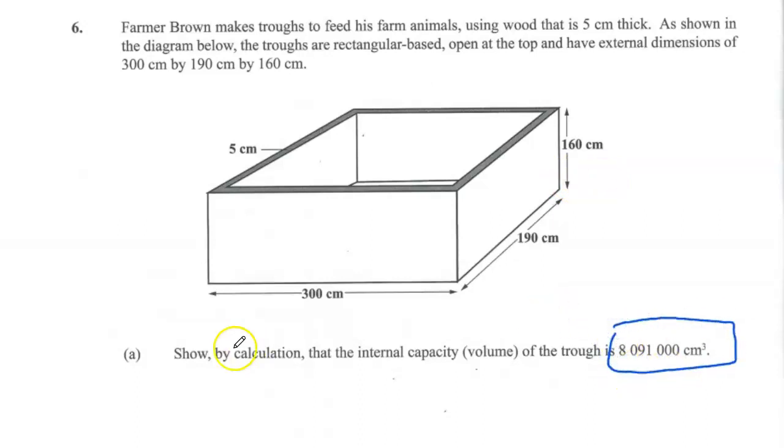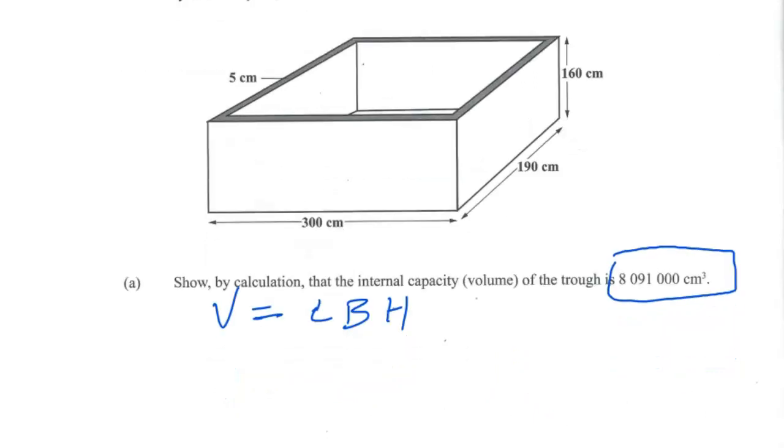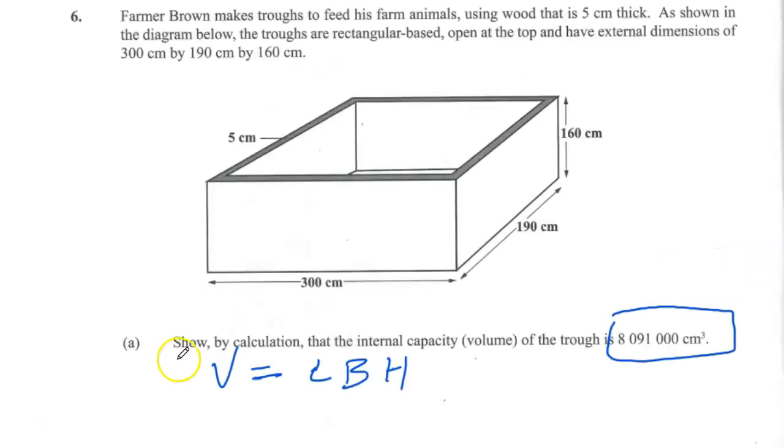Internal capacity, of course, we're talking about volume, and volume for this shape is length times breadth, or length times width times height. Now, some key information here. Remember, the wood was 5 centimeters thick.